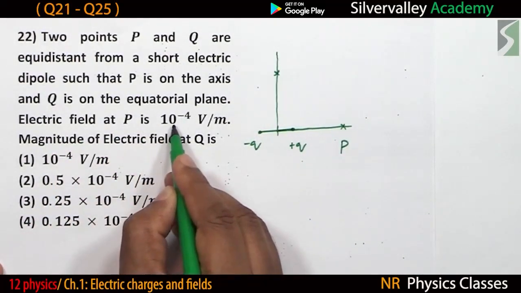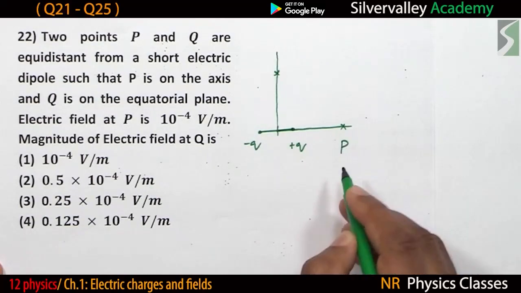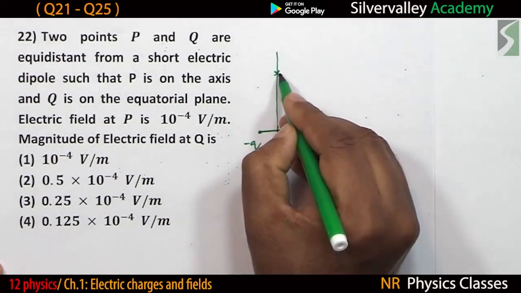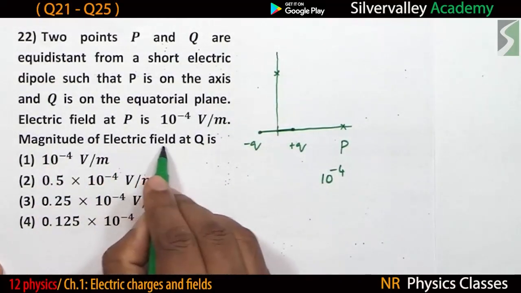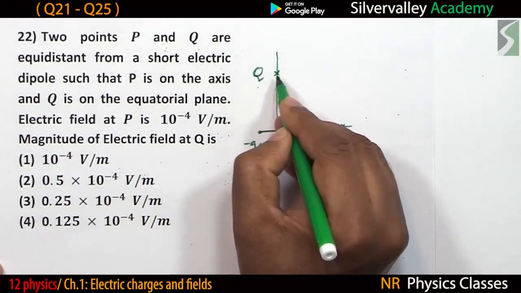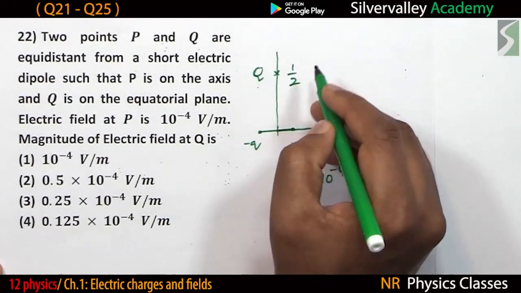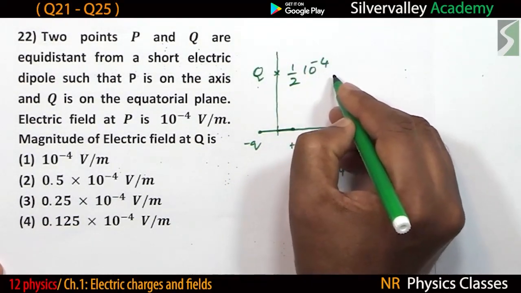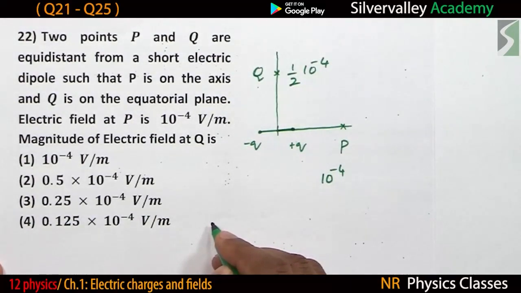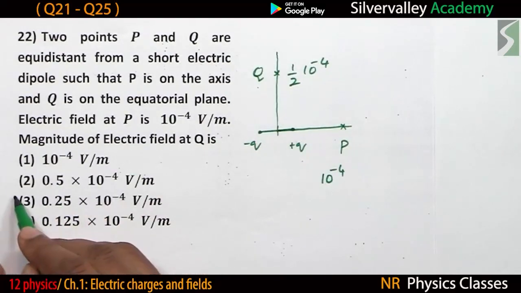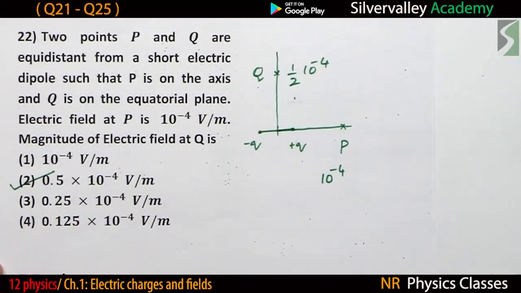Electric field at P is 10 power minus 4. At this point, magnitude of electric field at Q is, this is Q. At Q, it is half of this electric field, 10 power minus 4. So 0.5 times 10 power minus 4.